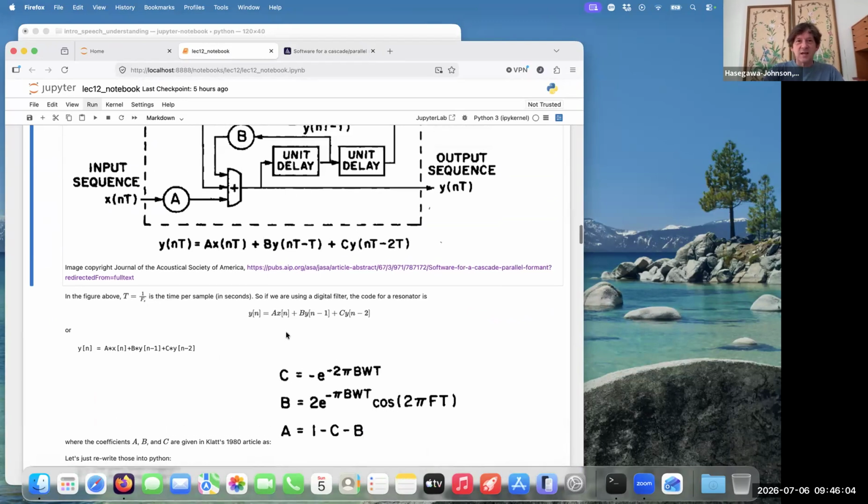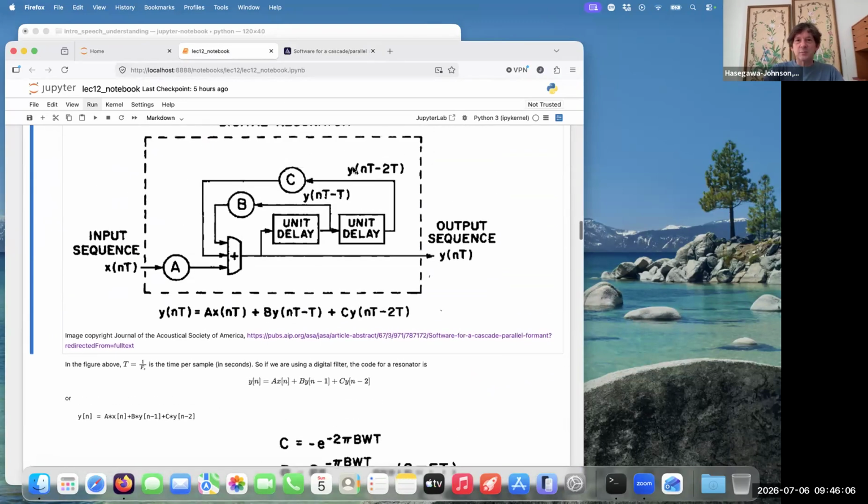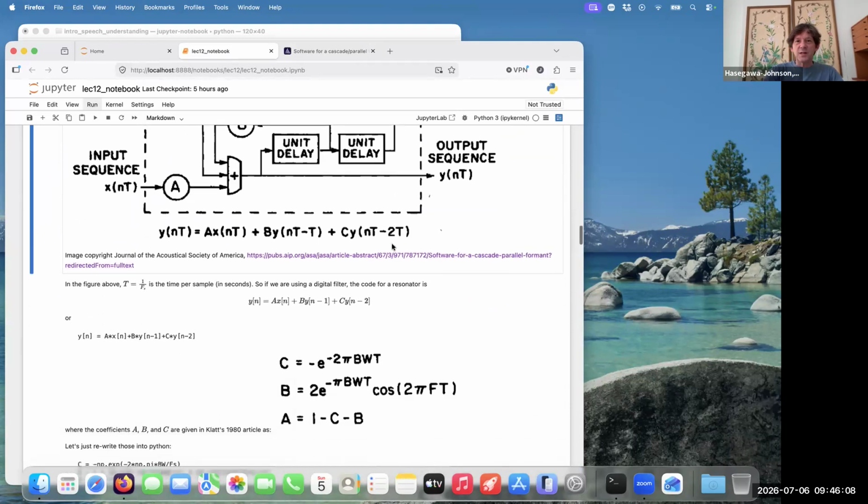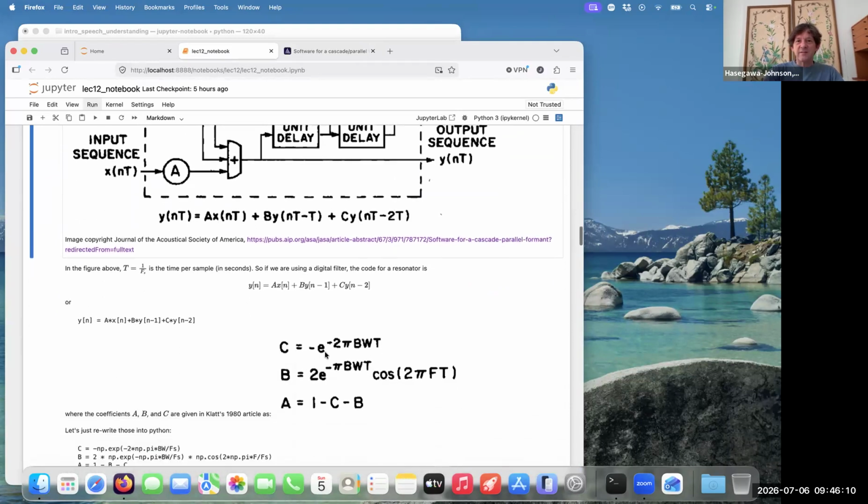The feedback coefficient c that multiplies y[n-2] is negative e to the minus 2 pi times the bandwidth times the sample time. Capital T is the sample time, it's 1 over fs.